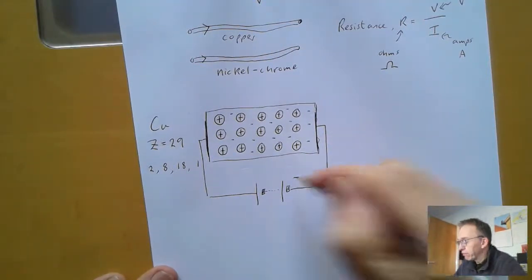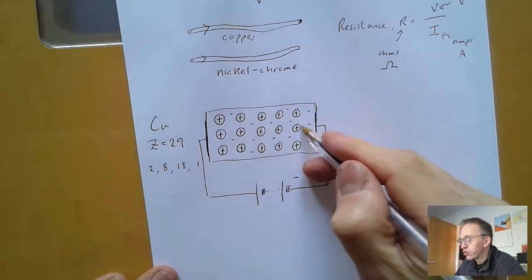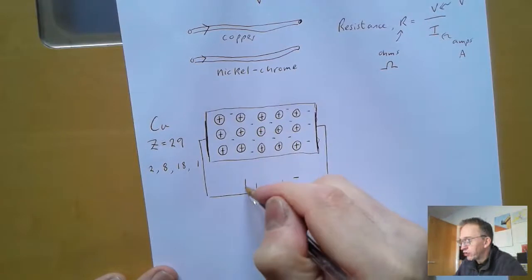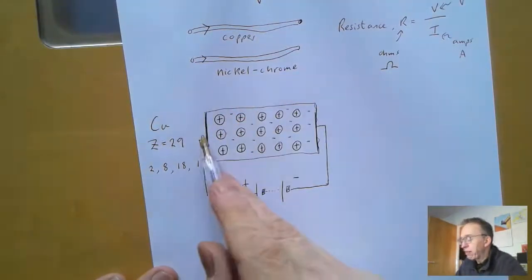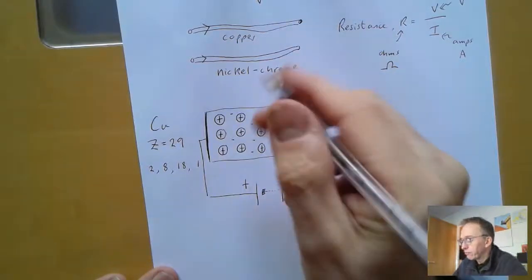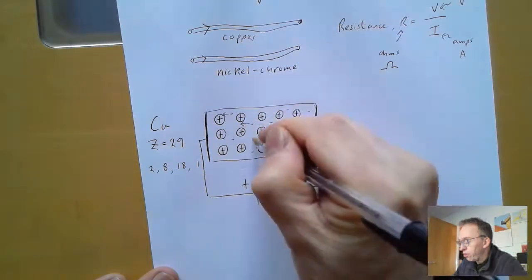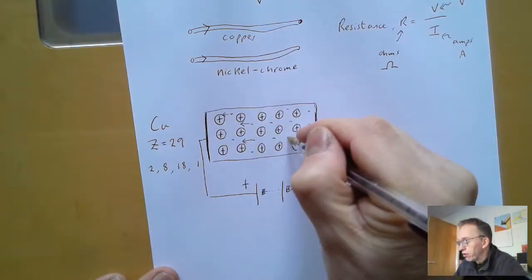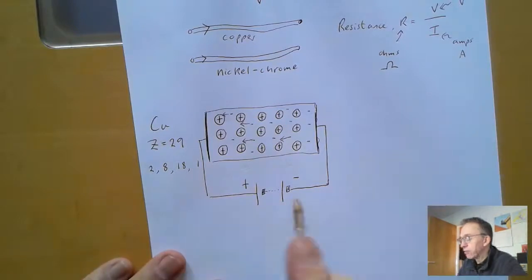The negative terminal of the battery tends to repel the free electrons and push them away. The positive terminal of the battery makes one end of the wire positive, and that tends to attract the electrons. So the electrons begin to drift slowly through the lattice, like so. And that drift is what constitutes the electric current. So, an electric current is a flow of free electrons through the metal.